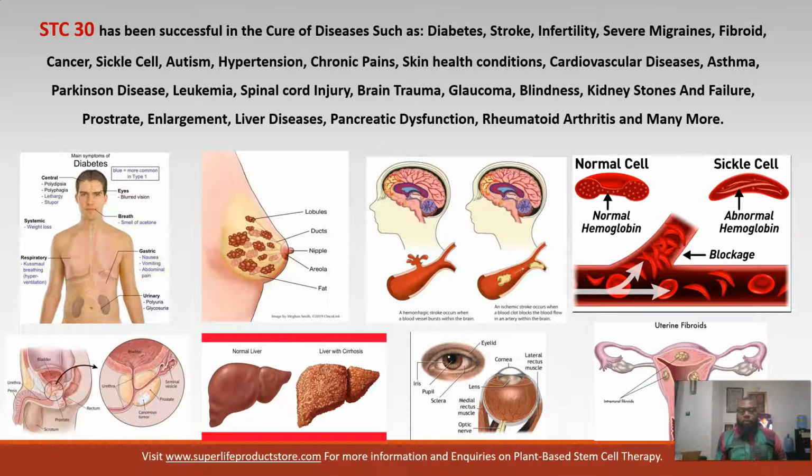So these are just some of the disease pictures that STC30 has been able to treat. In the case of sickle cell, this is how sickle cells block the blood arteries, and then people have seizures and episodes, and it's been able to treat sickle cell and a whole lot more.